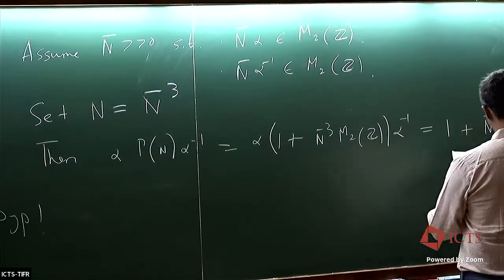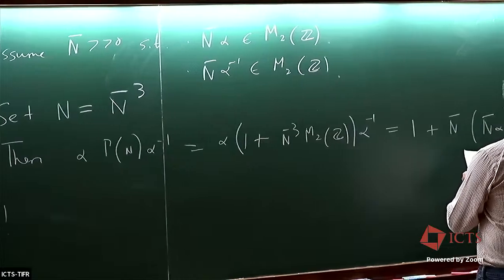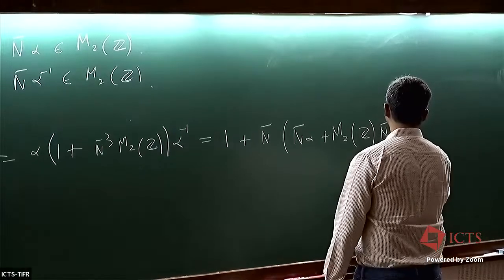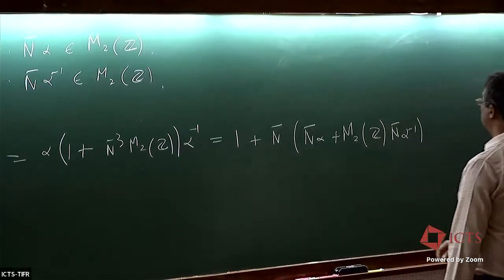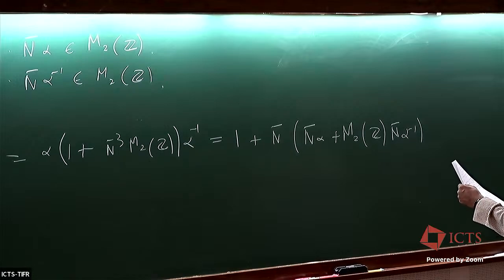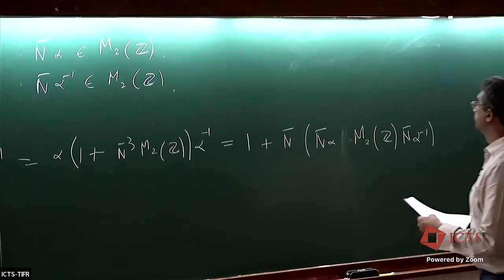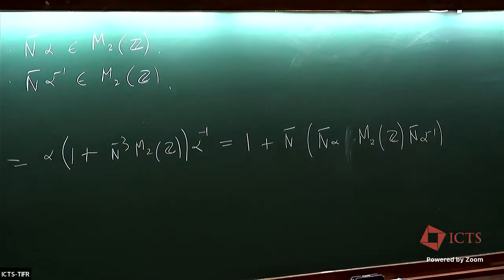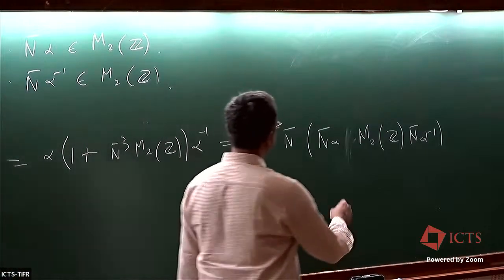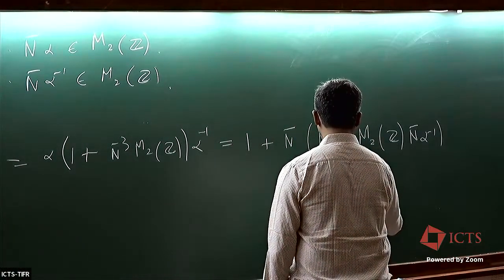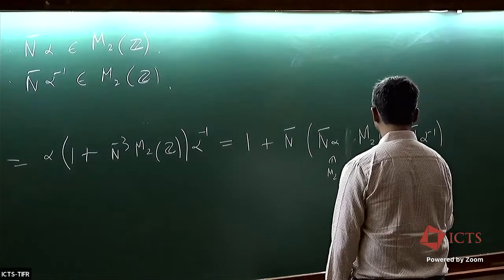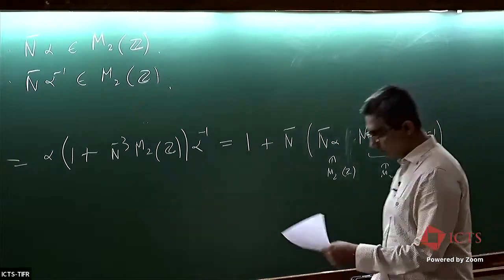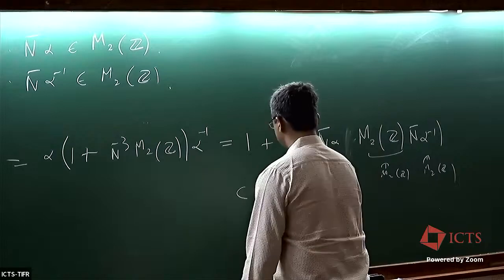Let's write this as 1 plus (N bar alpha) M2Z (N bar alpha inverse). Just a distribution. And now here, this is an M2Z, this was obviously an M2Z, and this is an M2Z. So putting all this together, we see that this is in gamma N bar.